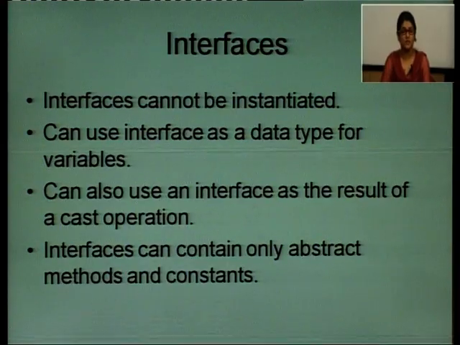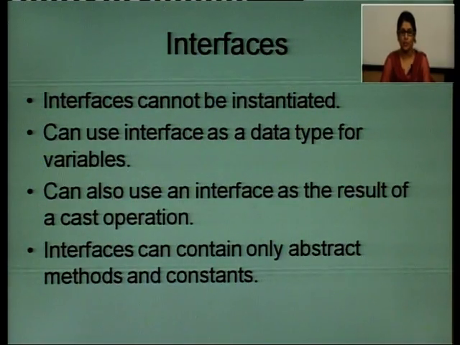You can also use an interface as the result of a cast operation. What is casting? Casting is conversion of types. So whenever you are performing a casting operation, you can use an interface.